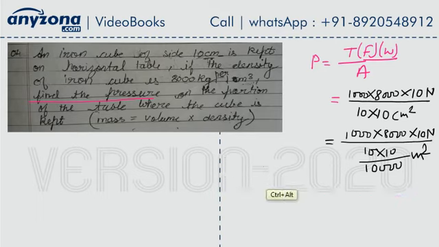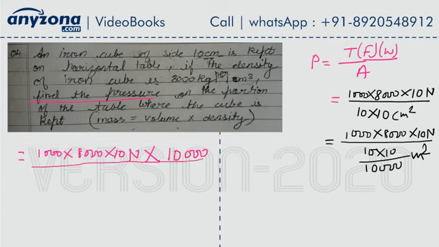Okay. So now 1000 into 8000 into 10 Newton, and this 10,000 is also part of the numerator, okay, upon this 10 into 10, meter square. This is Newton here.